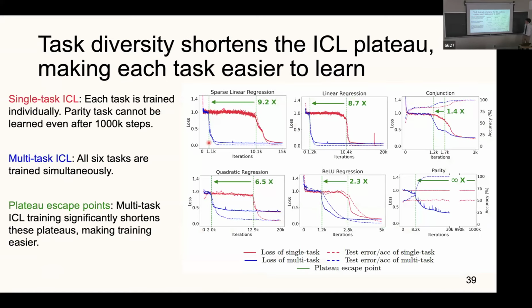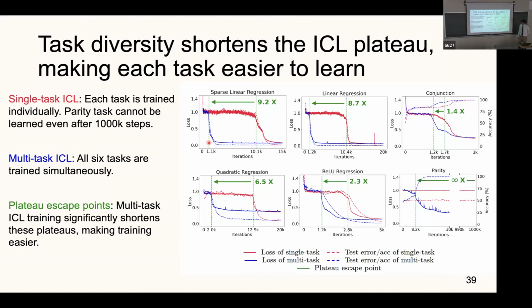So our main finding is that if we train on multiple different tasks, so that the transformer becomes capable of solving these multiple different ICL tasks, training becomes faster. In these plots, we have sparse linear regression, conjunctions, and sparse parity.